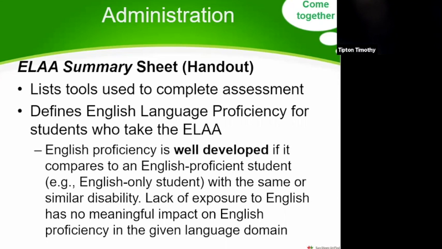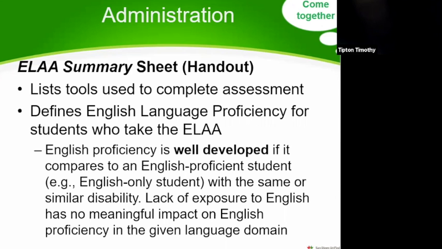We can have students who are considered English proficient because their English compares to a student with the same or similar disability who is English proficient, who may be an English only kid. When it's not the lack of exposure to English and it is just the disability, then we can call a student well developed in that area.